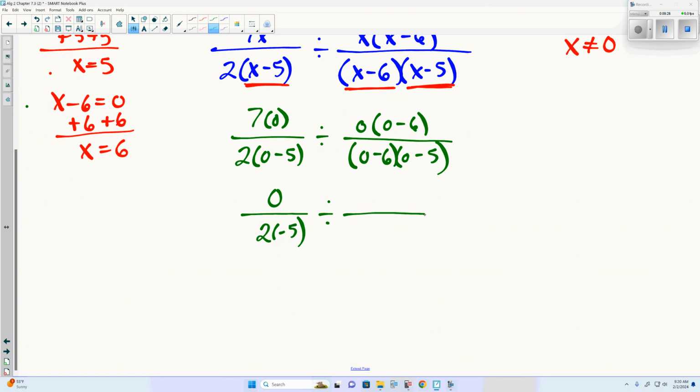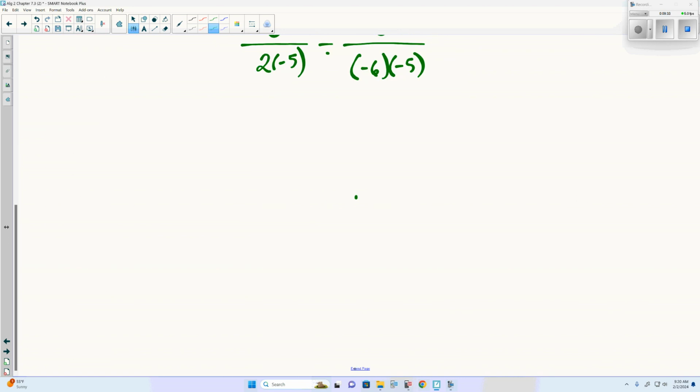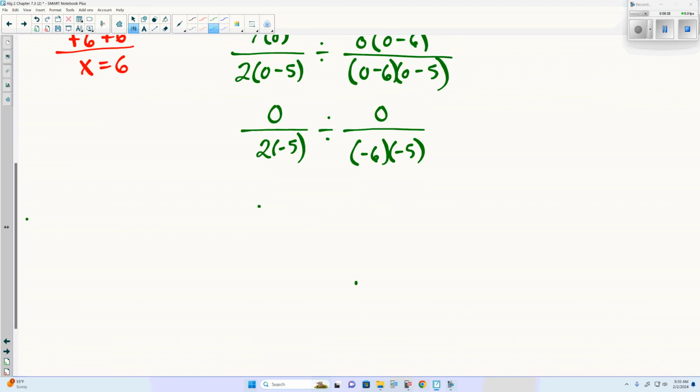That whole thing 0, we're good with that there. Negative 6 times negative 5. Need a little more page. Well, here, 0 over negative 10 divided by 0 over negative 30. Well, what's 0 over negative 10? 0. 0 over negative 30 is 0, yes?